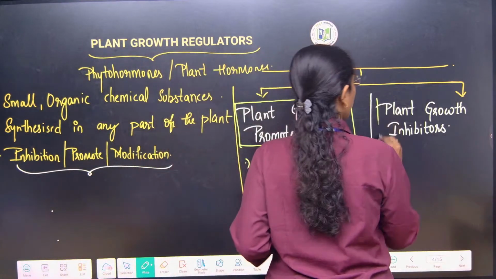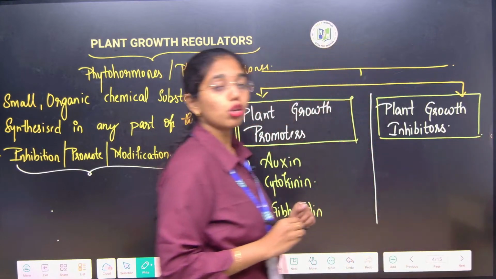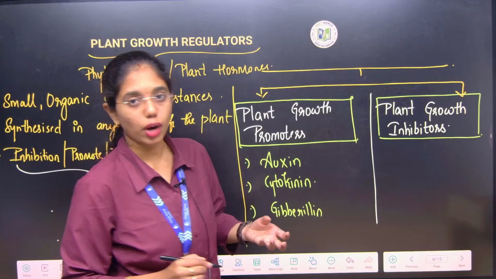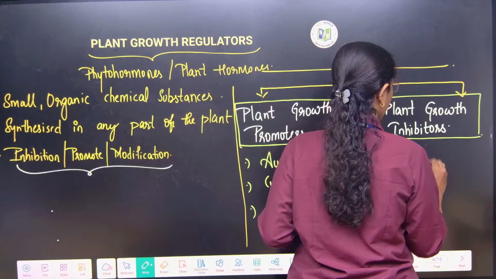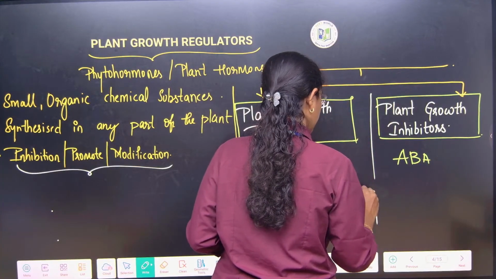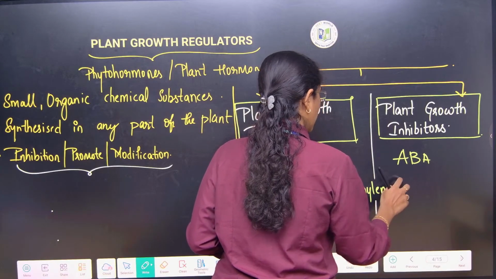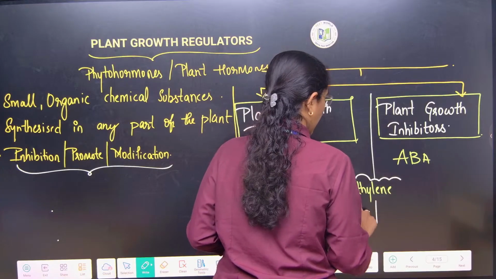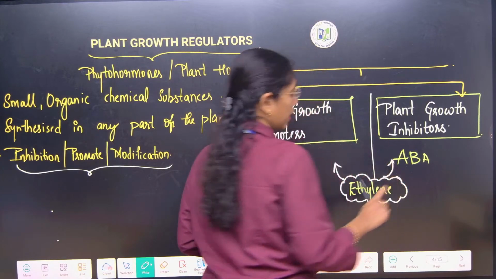And plant growth inhibitor includes only one phytohormone, which is also known as stress hormone or anti-transpirant hormone, that is abscisic acid. And ethylene is that phytohormone which performs the dual role both as plant growth promoter and as plant growth inhibitor.